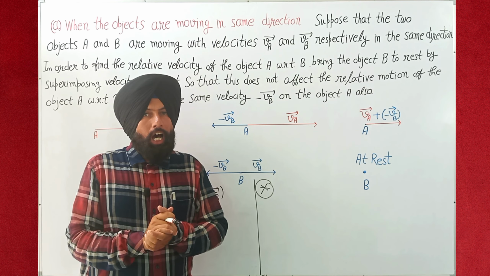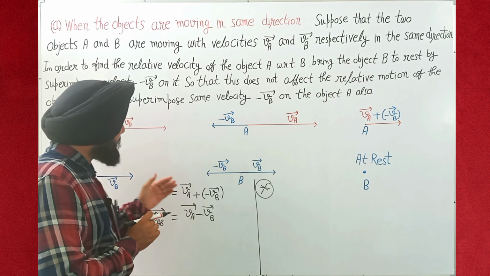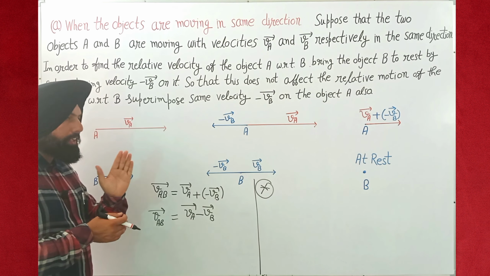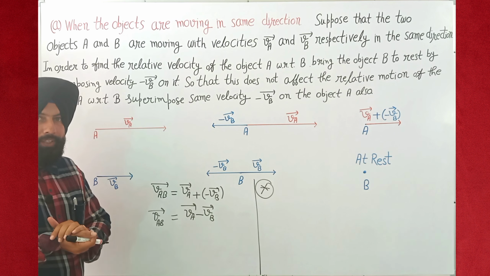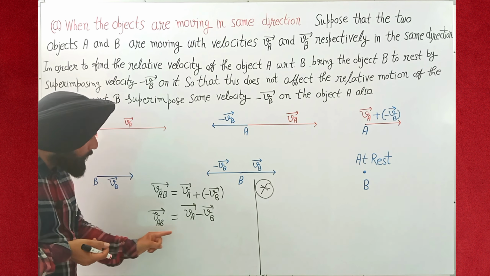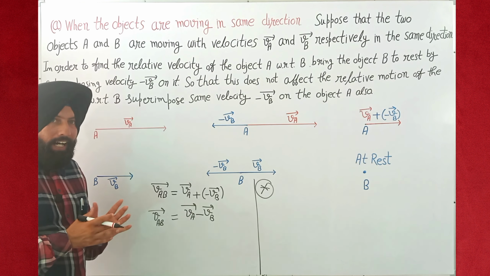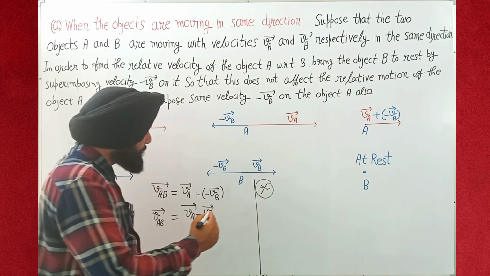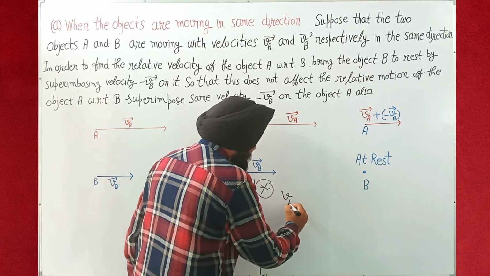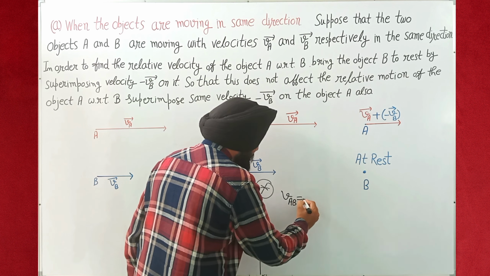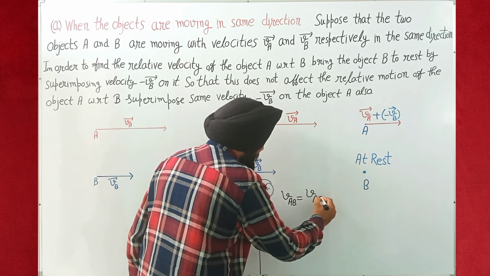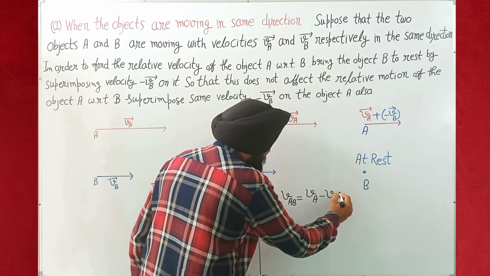Since both the objects are moving in the same direction, the magnitude of this result becomes VAB, that is VA minus BB.